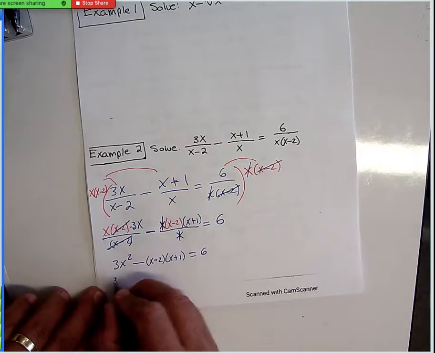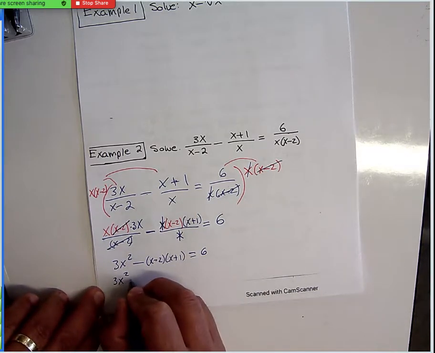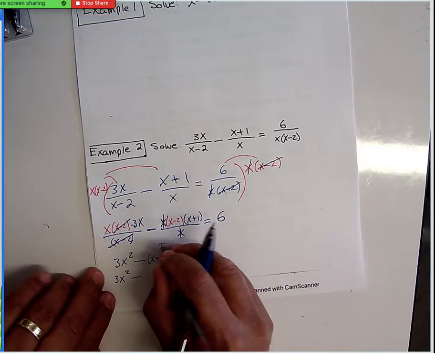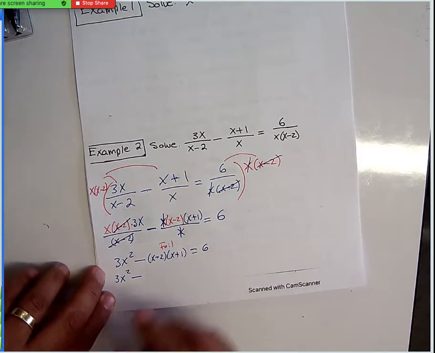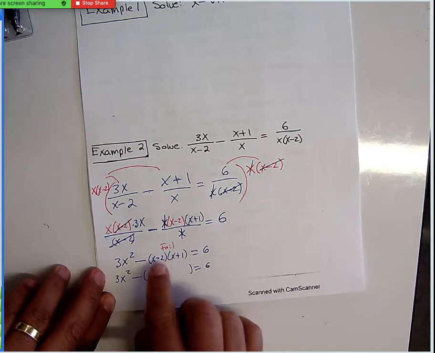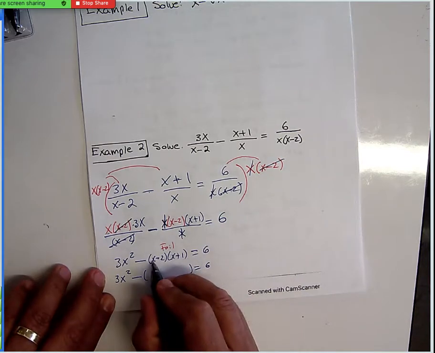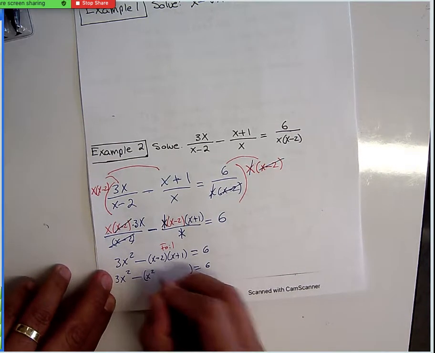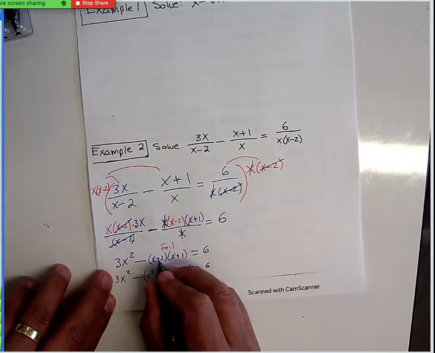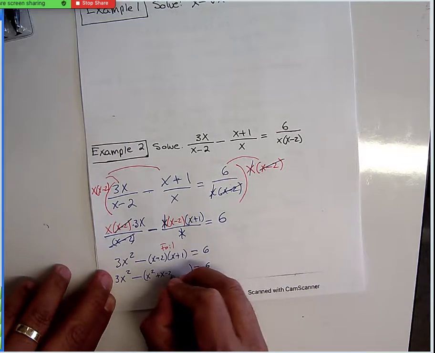So now let's continue here. 3x squared minus, so this we would have to FOIL, this part here. And I'm gonna put parentheses, because whatever we get from here, it's gonna go here. So x times x would be x squared. x times 1 would be plus x. Negative 2 times x would be negative 2x.